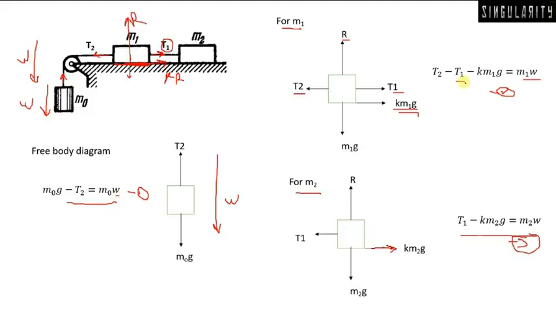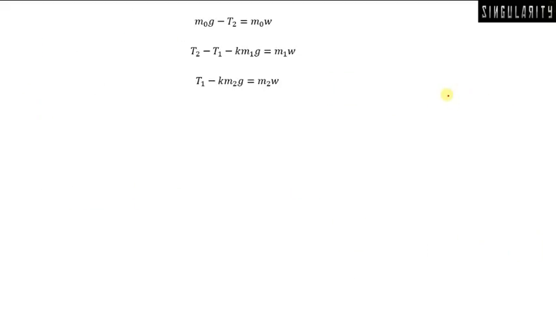So let us go to the next page and write all three equations together. Here are our equations: equation 1, equation 2 and equation 3. Let us solve them to find the value of W. If we add all three equations, T2 here will cancel with this T2, and T1 here will cancel with this T1.